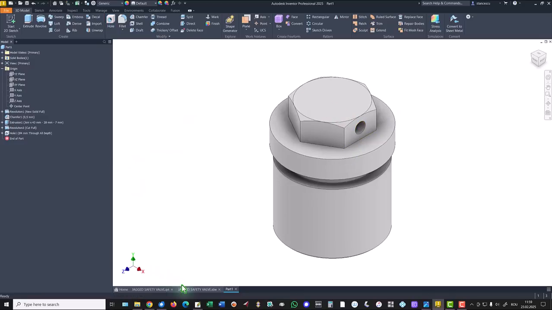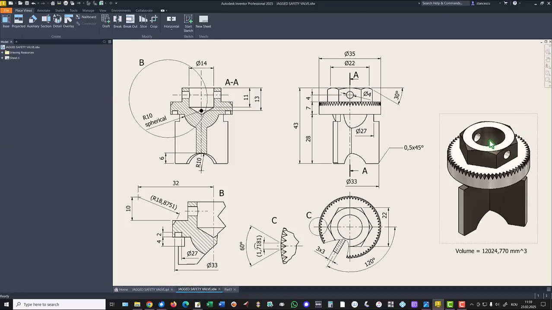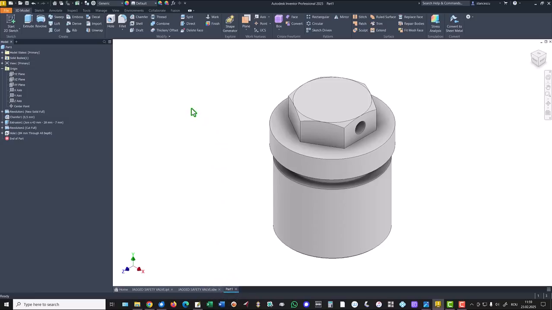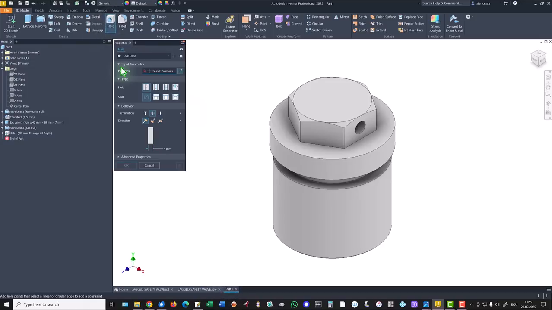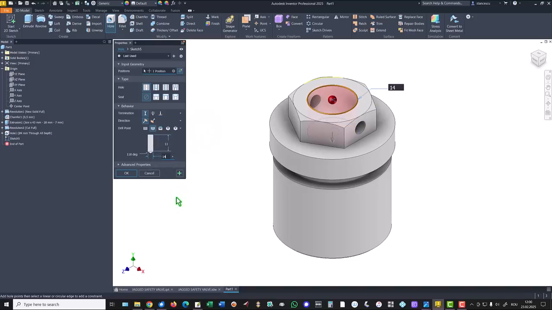Okay, another hole is this one, diameter 14, depth 11. We create a hole by selecting this face and this center with end is that hole. 11 is the depth and 14 is the diameter.